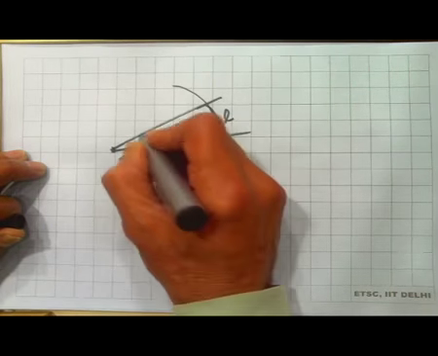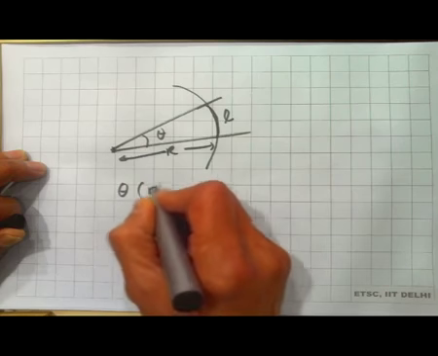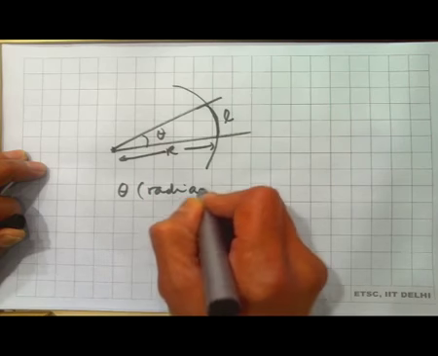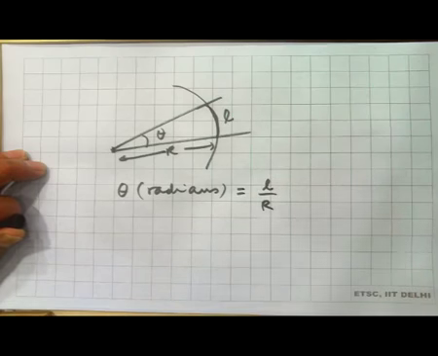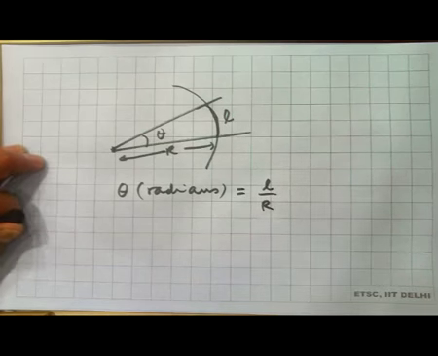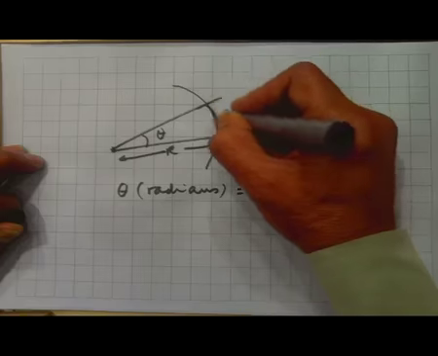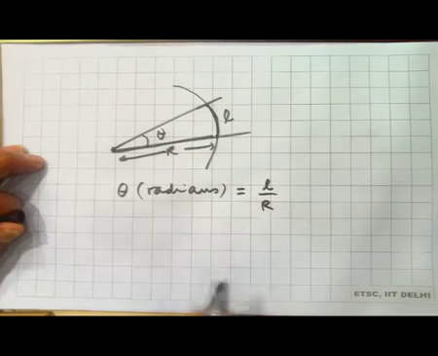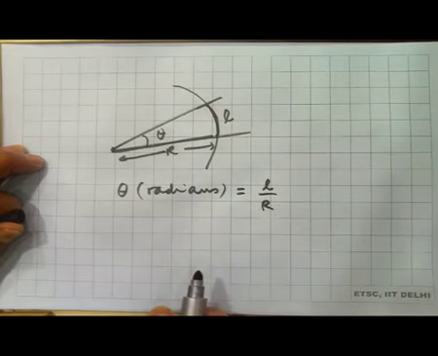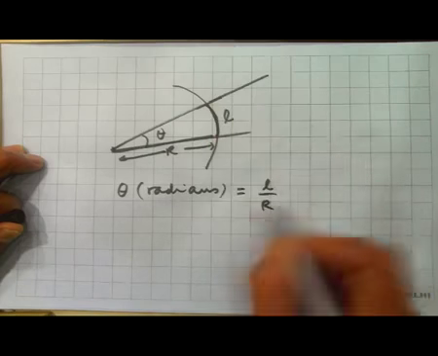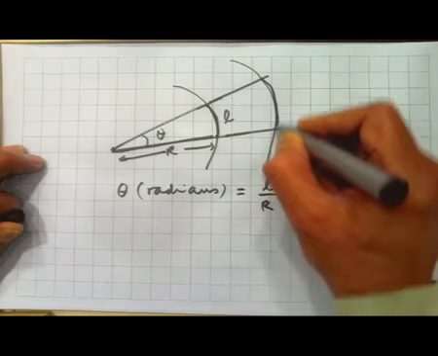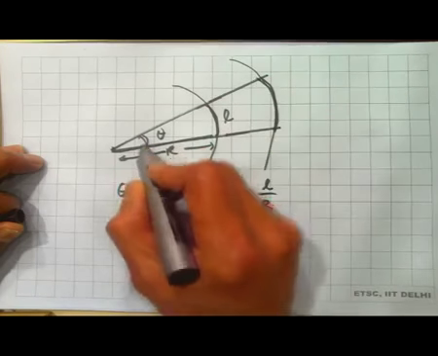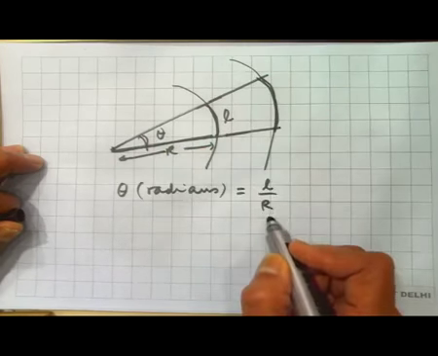So we define the angle theta in radians as L by r. This distance divided by this distance is the angle in radians. There is no requirement on r. If you take a bigger circle of bigger radius, L will also correspondingly increase. So this angle will be independent of the radius you have chosen.